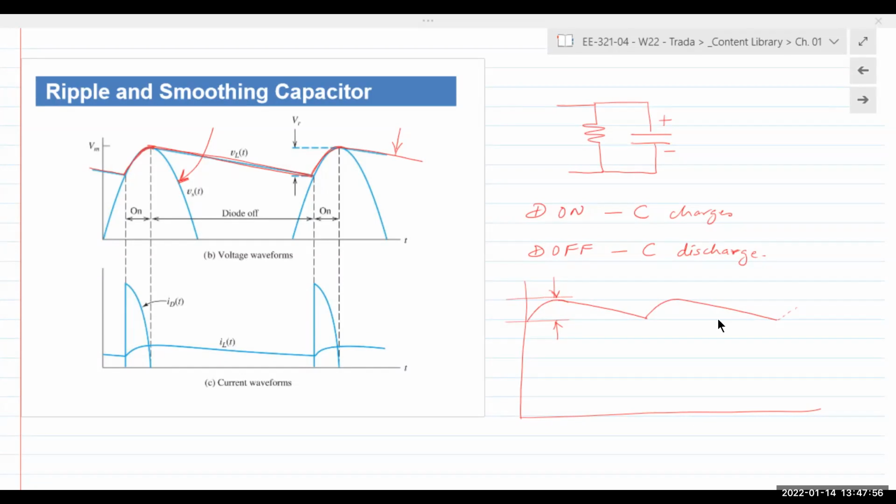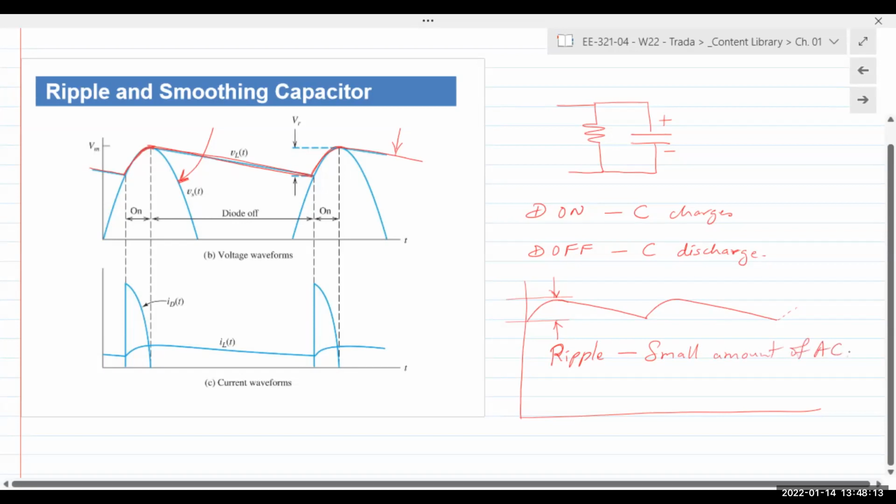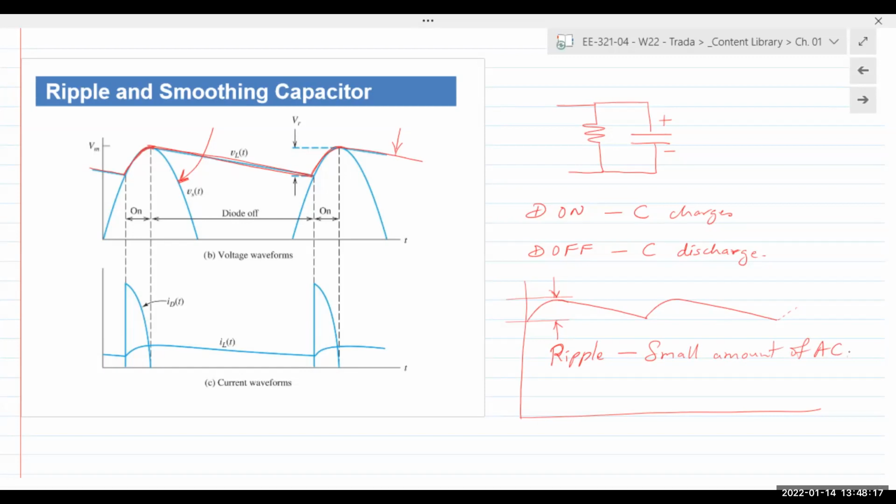Okay, that small amount of AC is known as a ripple. It's a small amount of AC voltage in that output. Okay, small amount of AC. Does that make sense? Right?